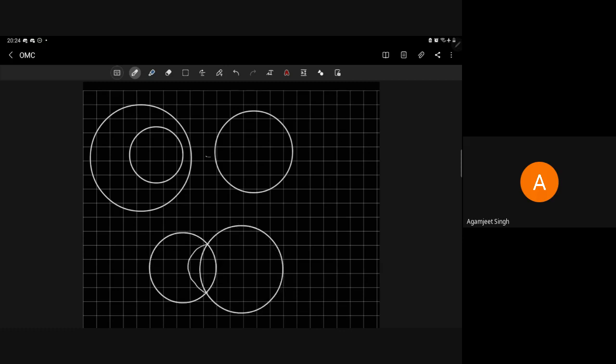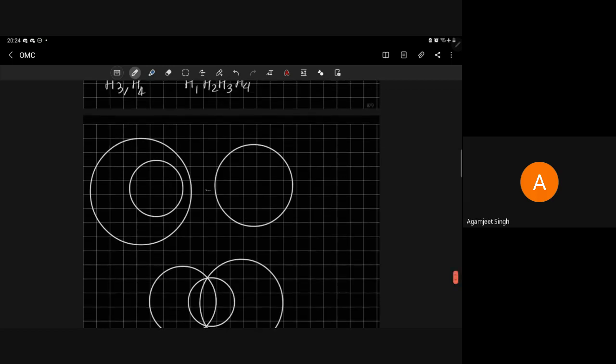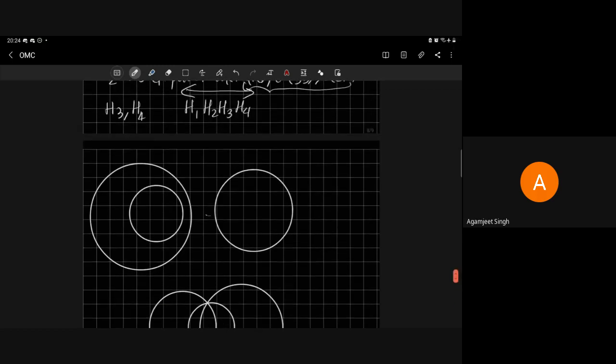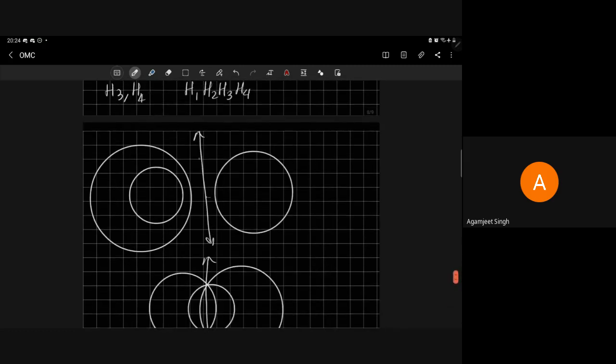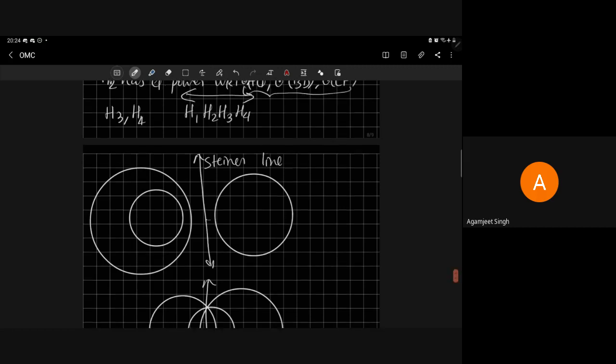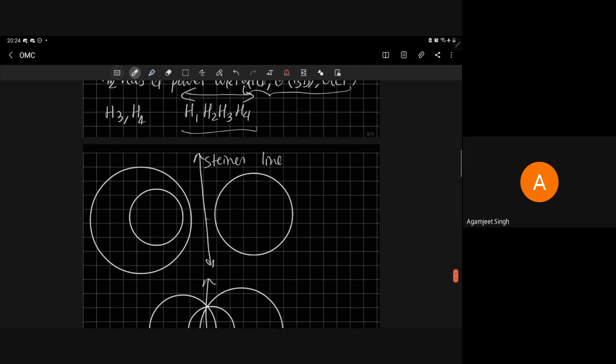So these are examples of coaxial circles. In general, coaxial circles have a radical axis in common. And in this case, the radical axis is the Steiner line, the line H1, H2, H3, H4.